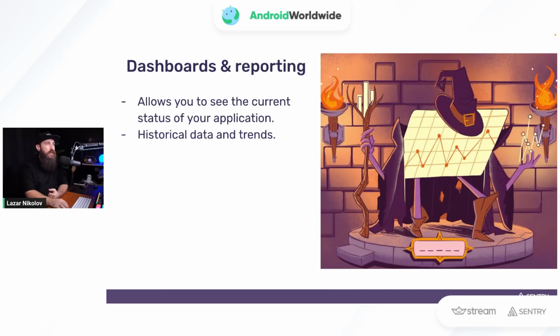So that is alerting. We have dashboards and reporting. Using the dashboards feature, you can see the current status of your application and also the historical data and trends. What's cool about this is that you can have your releases mapped out to all of the bugs and issues that happened within them.